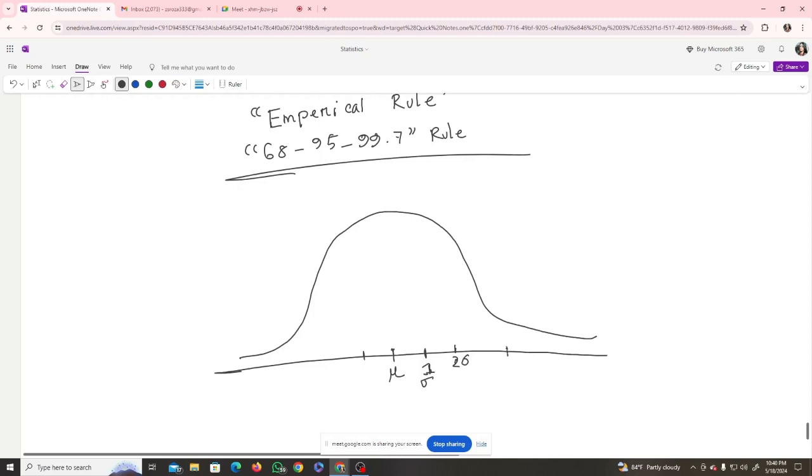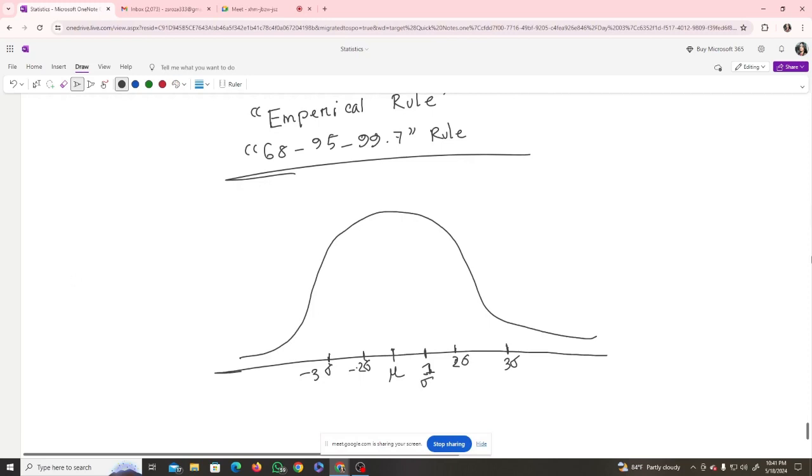And then you have three standard deviations to the right. Then you are distributing it with minus 2 standard deviation, which means 2 standard deviations to the left. Then you have 3 standard deviations to the left. Alright, suppose this is your distribution.